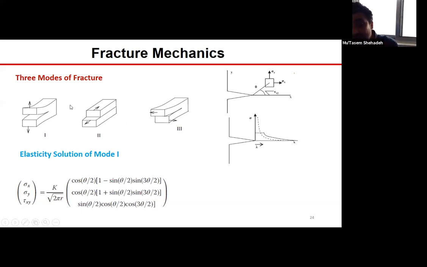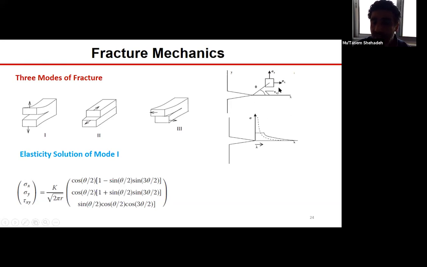And by just focusing on the first mode of fracture and using advanced elasticity theory, we can find the stress distribution at the vicinity of the crack tip here. And this stress distribution is given here. And although there is only one component of the stress applied on the crack or on the sample, the stress state near the crack, in fact, is two-dimensional.